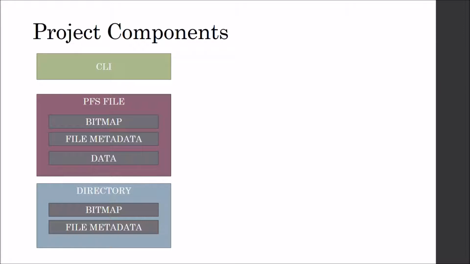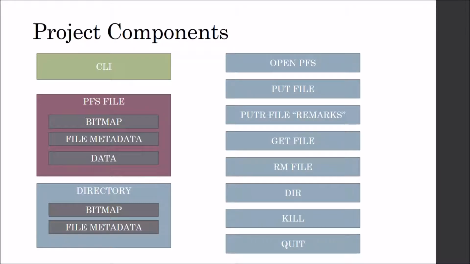It holds the bitmap and the file metadata, and it allows us to easily access that metadata, search for a specific file we want to run an operation on, and use the bitmap to find how much space we have left and how much space has been allocated already. And finally, we have a set of commands that the user can perform, and we'll go into more detail on those as well.